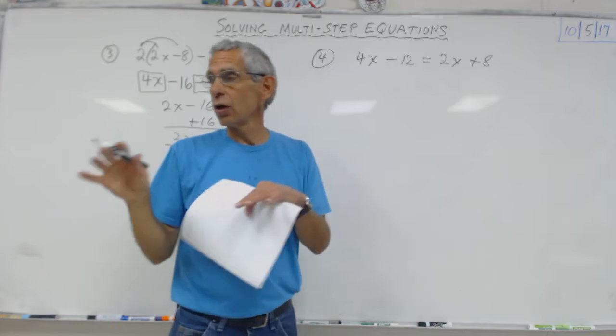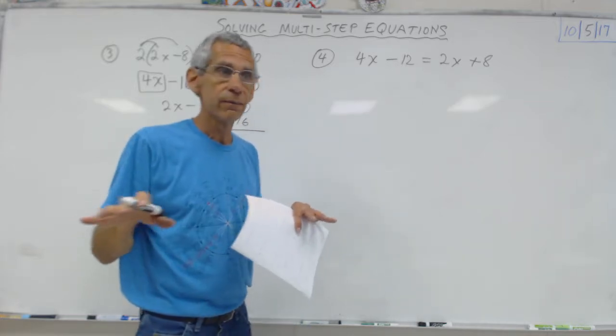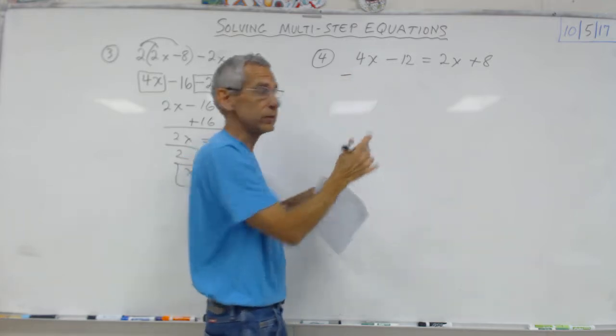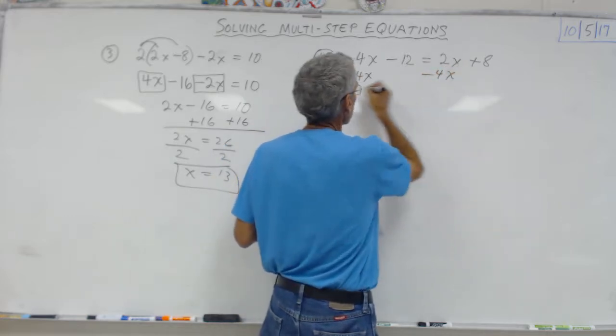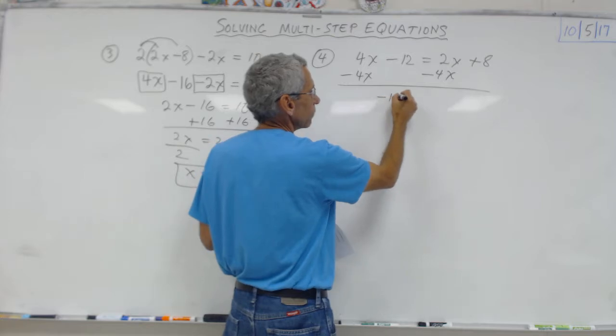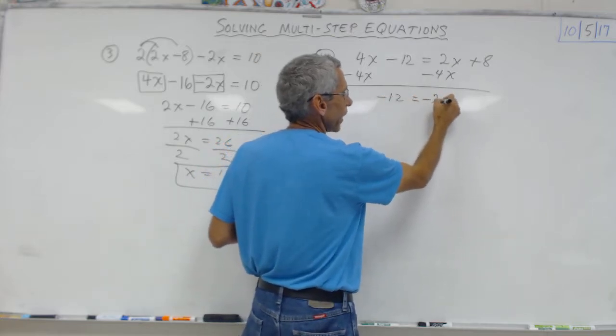Don't write this down. This is not what I would do to solve this personally. Let's say I got to get all the x's on one side, and I decided to subtract 4x from both sides. That would get rid of that. And then I have negative 12 is equal to negative 2x.